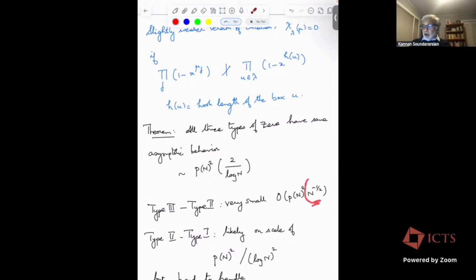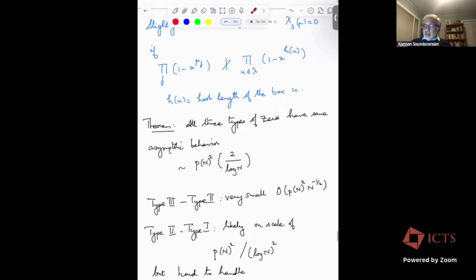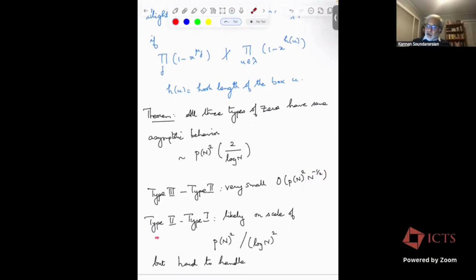It's off by like a power of n. But on the other hand, the number of zeros of type 2 that are not of type 1 probably has an asymptotic expansion with a secondary term of size log n squared rather than 1 over log n. But I don't know how to compute the asymptotic of this type.